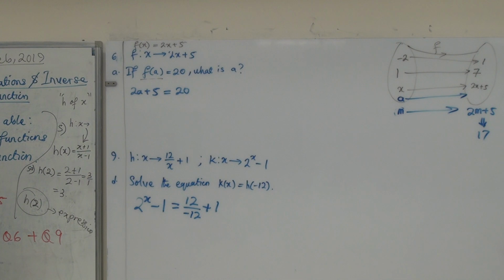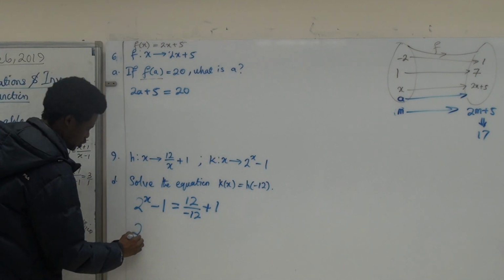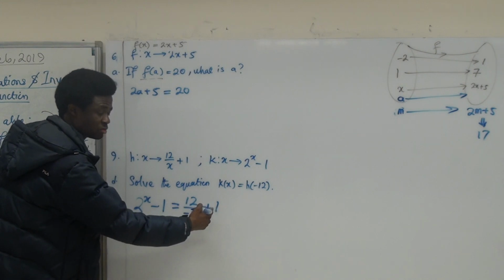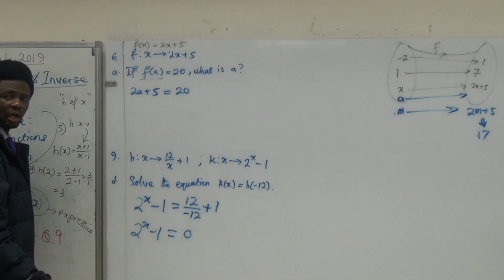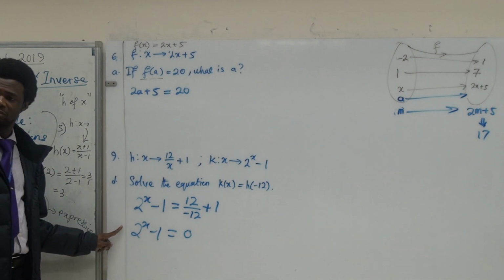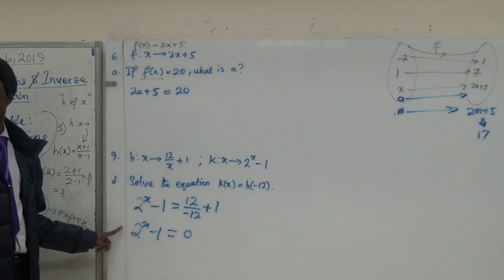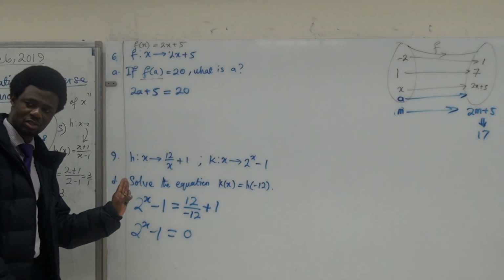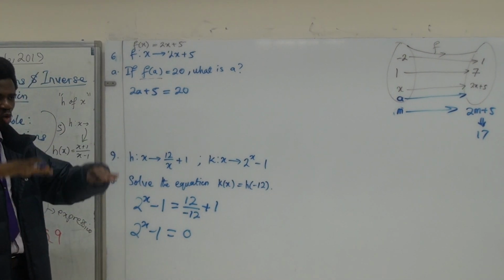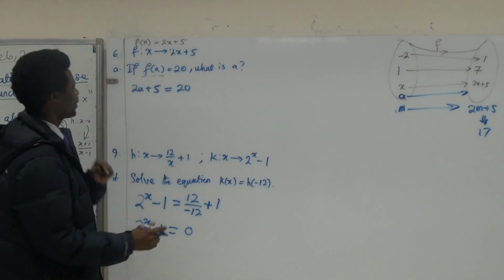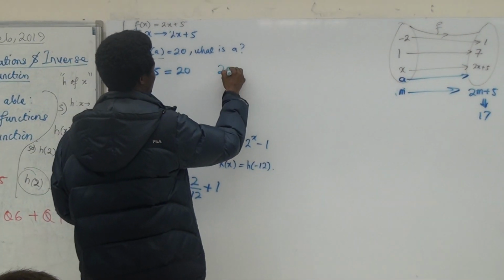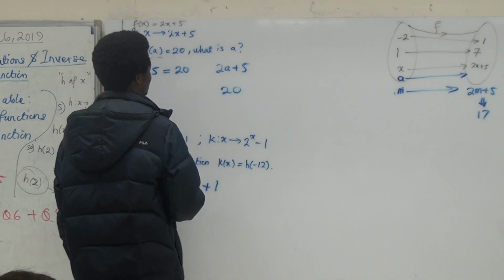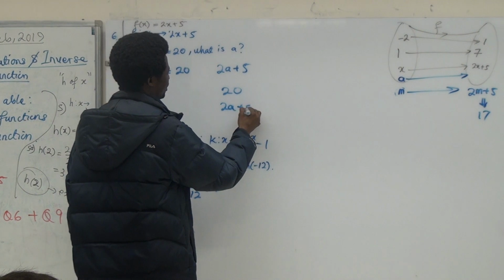Is that understood? Alright, so this is 2 to the power x minus 1 is equal to negative 1 plus 1, 0. And where you started is here. So to me, it's not complete. How did you get it? So just balance it, left and right. Connect it as you go on. I'm not asking you to write f of a, 2a plus 5, then from somewhere you write 20, and the next thing 2a plus 5 is equal to 20.